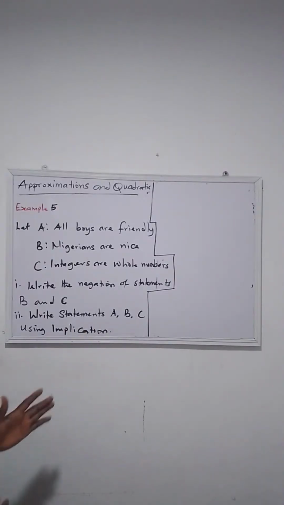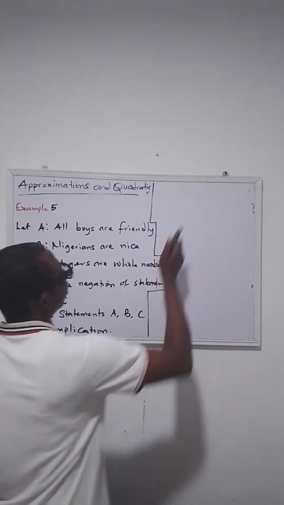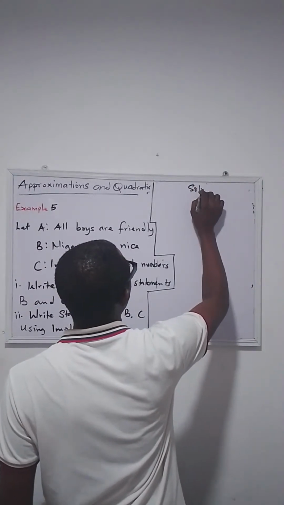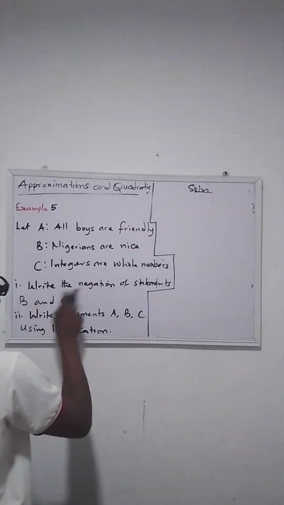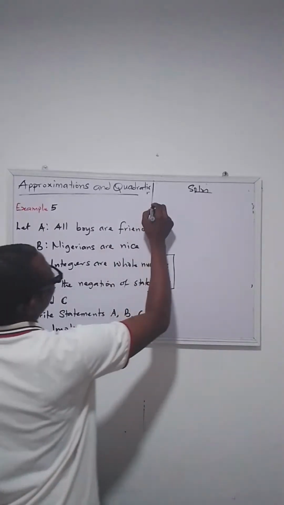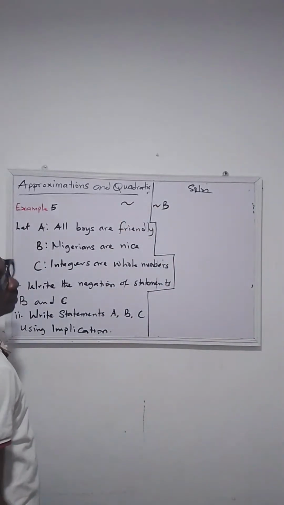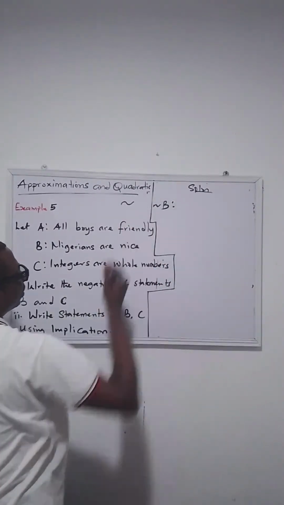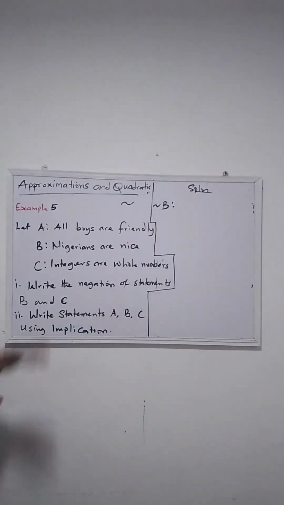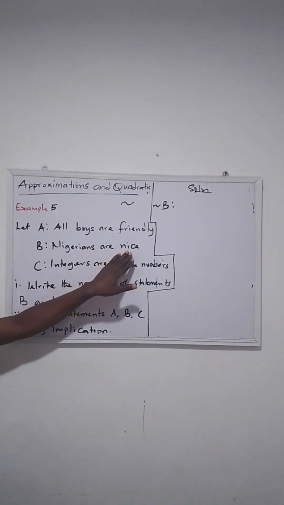Okay, so how do we solve this problem? The first thing is negation of B. This is the symbol for negation. So negation of statement B. Nigerians are nice.